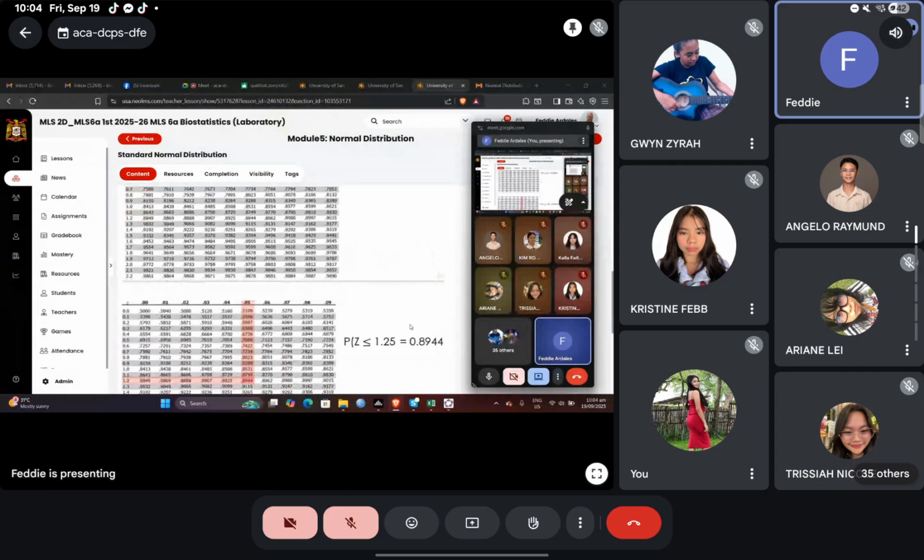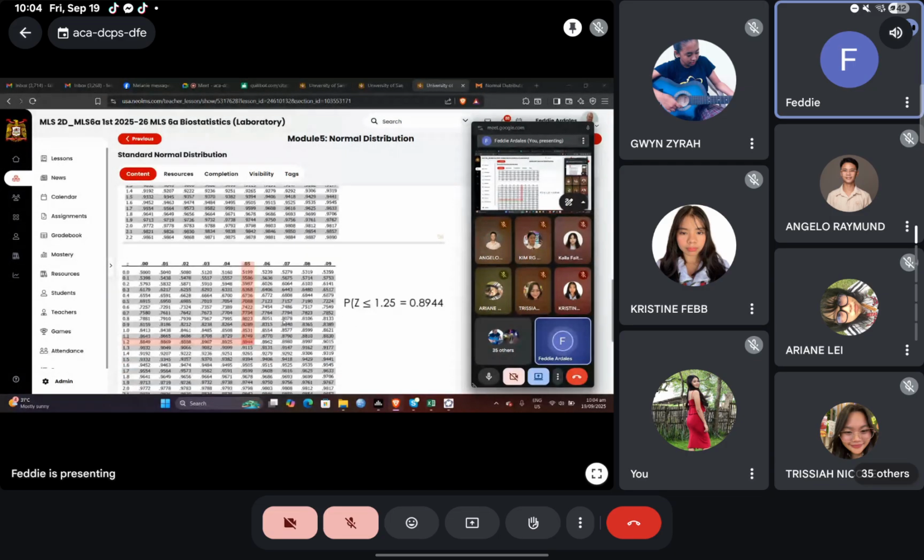For example, z equals 1.25. All you have to do is locate the row 1.2, and then go to column 0.05. So row 1.2, column 0.05 is 1.25, and the intersection is 0.8944.